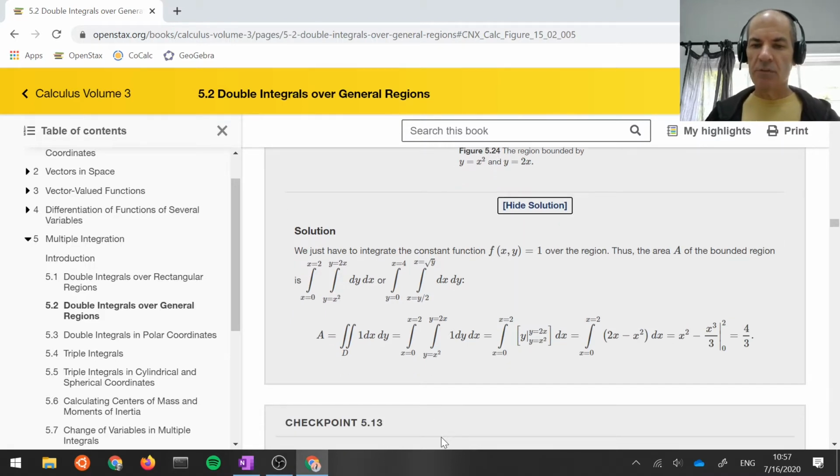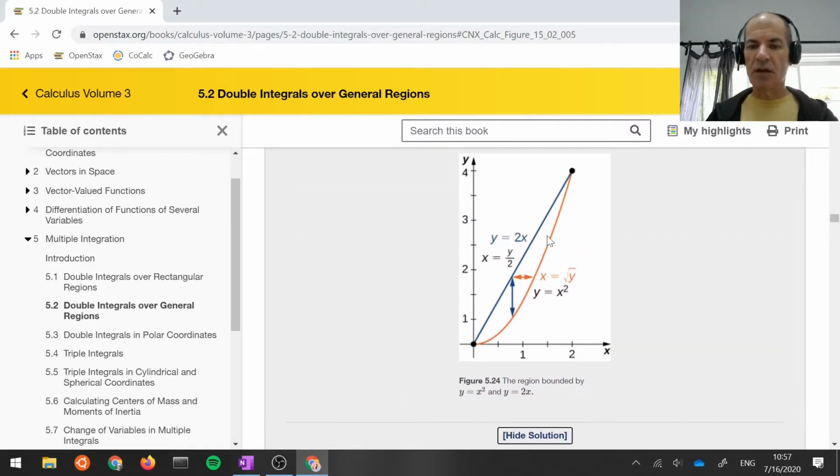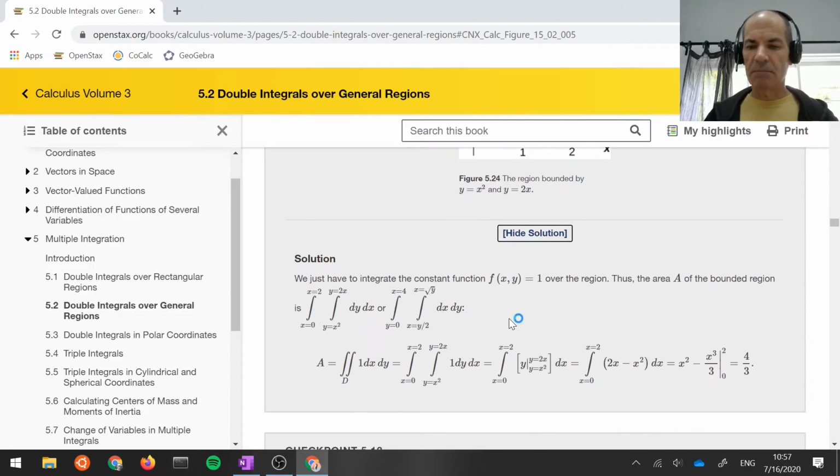In the case of integrating as a type 2 region, where the inner integral is dx, we would have to solve for x in terms of y and use those as the limits of integration.